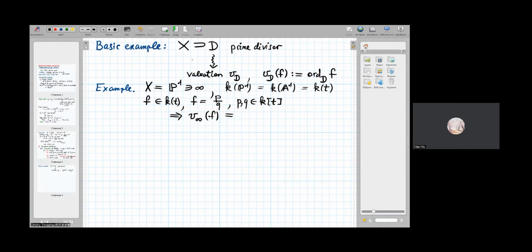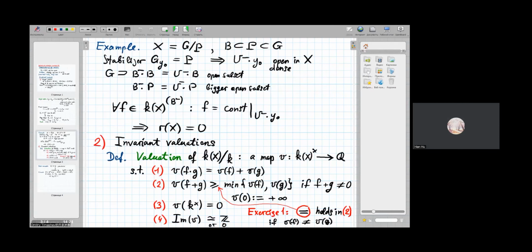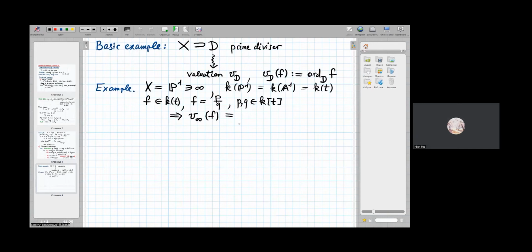Well, you have to look at the properties of the valuation. Equal to the degree of Q. Oh, I think it is equal to the degree of Q. So you mean it does not depend on P?